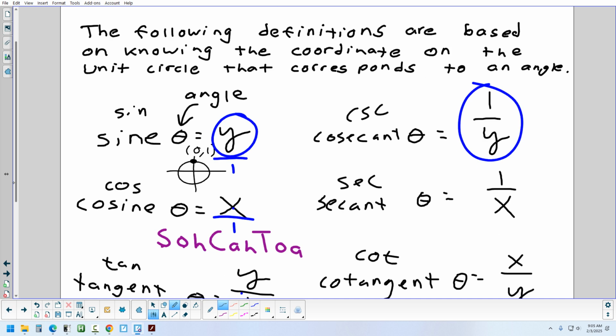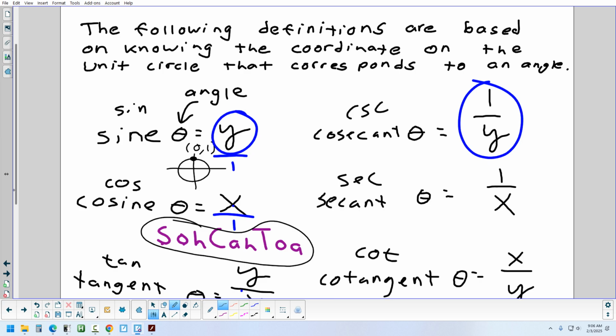So thinking about it this way is a little bit different. It's not really the focus of this week, but what I'm trying to show you is if you know SOHCAHTOA, then you've already kind of done this in a way. You didn't think of it as a coordinate, you thought of it as opposites and hypotenuse and adjacents. But it really is the same thing we're doing right now.